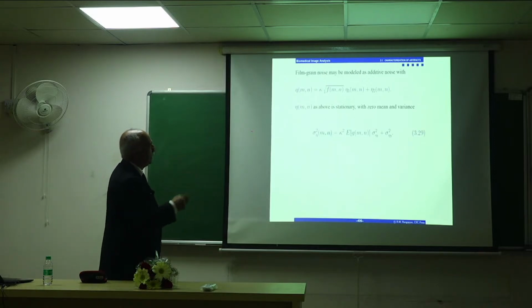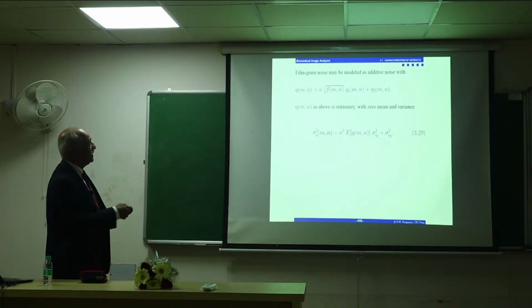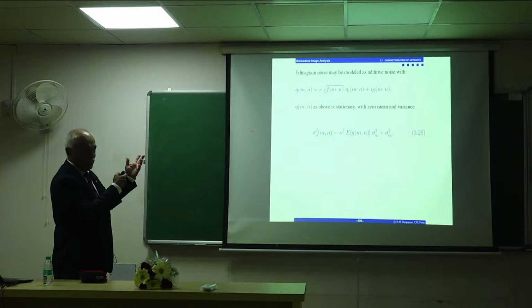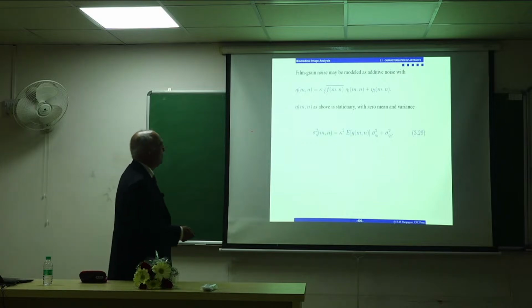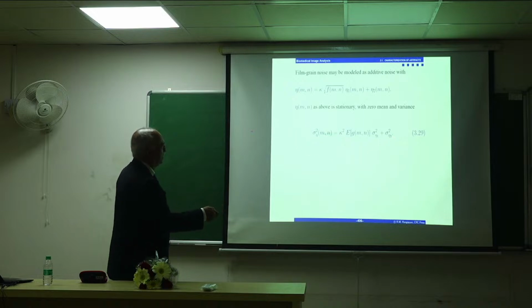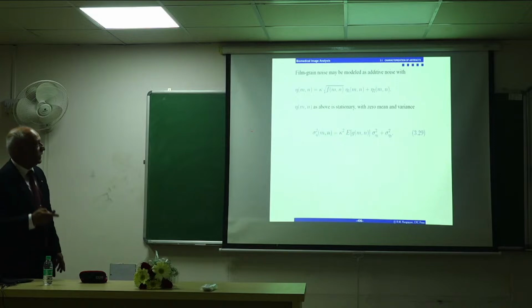There is a model given where film grain noise may be modeled as additive noise, eta(m,n) equals kappa square root, that's a function dependence, eta 1 plus eta 2. That's what is given in this model. And the mean and variance are given by this equation. Again, you don't need to remember that, but if you need to, you can refer to that.